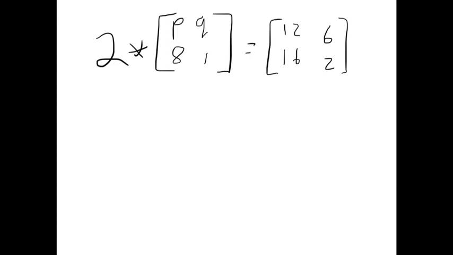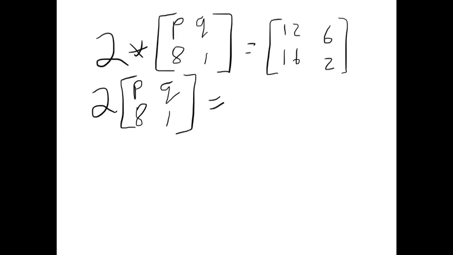First though, this right here, the 2 times the matrix, similar to the way that we work with a set of parentheses, this would usually be just written as 2 next to the matrix P, Q, 8, 1 equals the result matrix of 12, 6, 16, and 2.